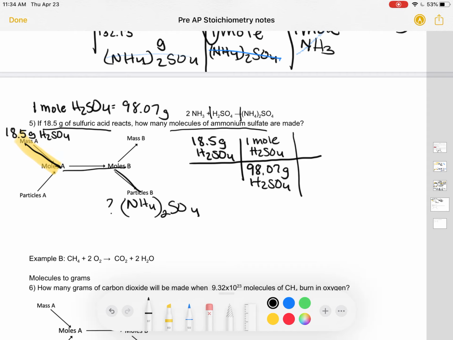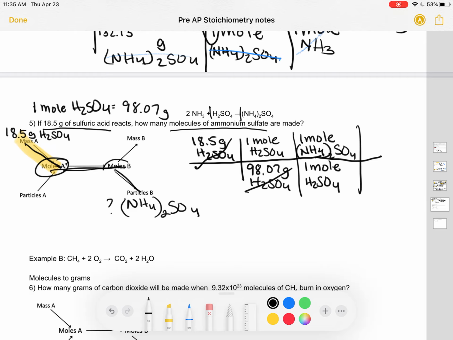So we're going to say now we have made it to here, so I'm going to cancel off grams. So now to go from moles of sulfuric acid to moles of ammonium sulfate, we'd say for every 1 mole of H2SO4, you also get 1 mole of (NH4)2SO4. Okay, so to take this home, moles of H2SO4 cancels out.